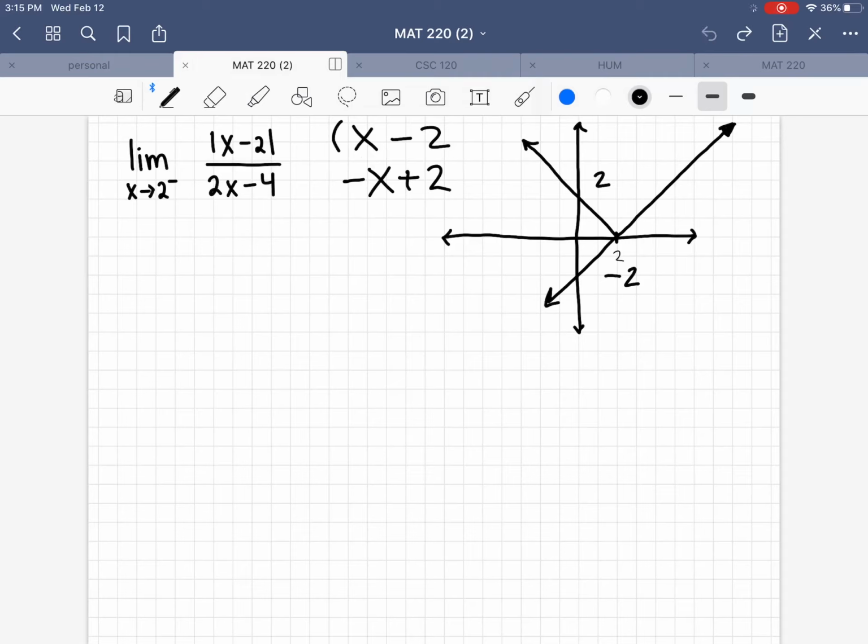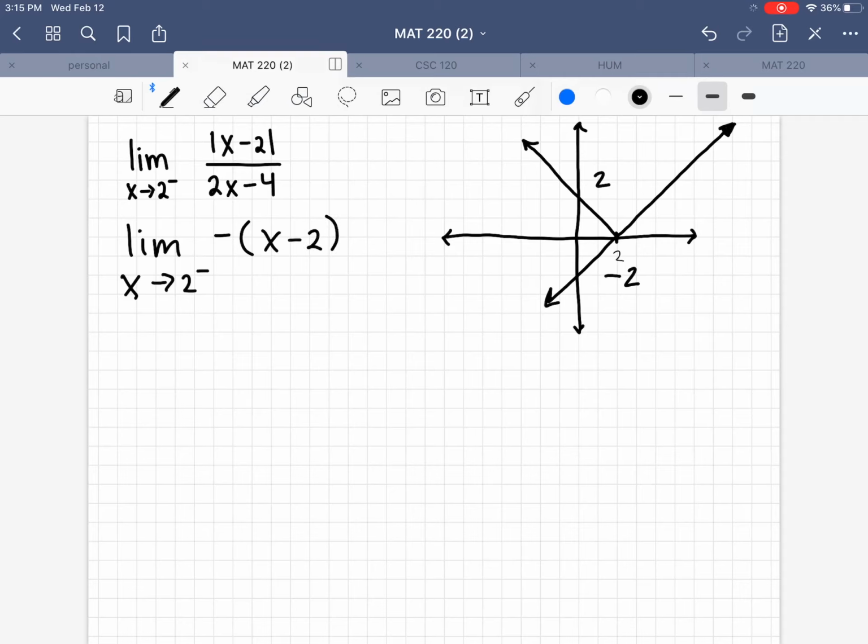So really, if we want to try to solve for the limit, and we're only looking to solve for this side, we need to rewrite this as the limit as x approaches 2 from the negative of the opposite of x minus 2 over 2x minus 4.